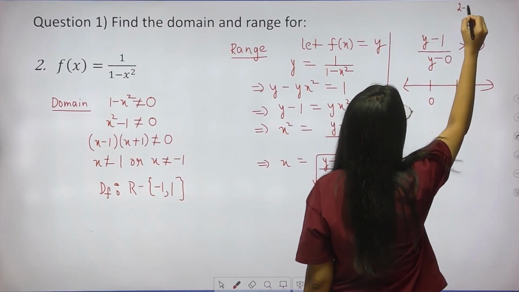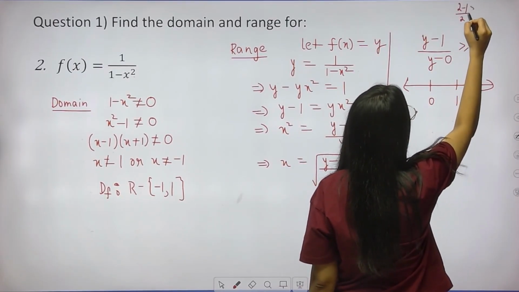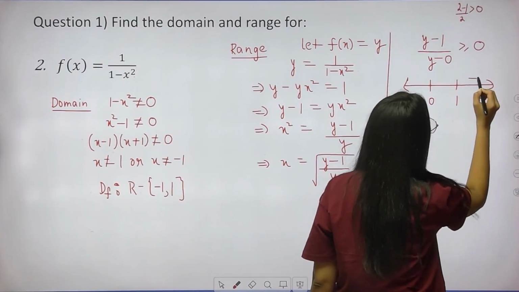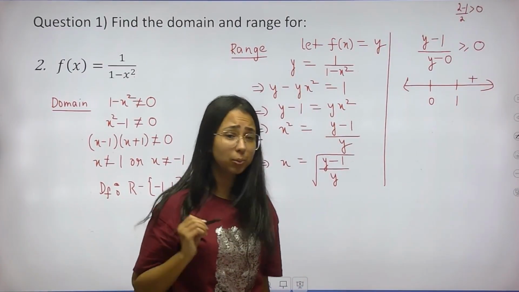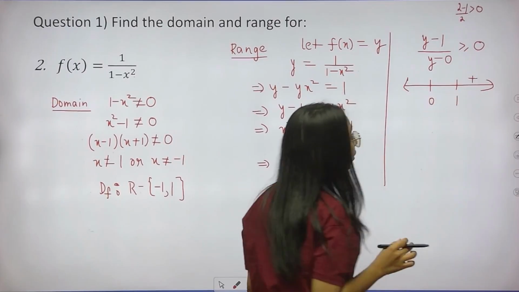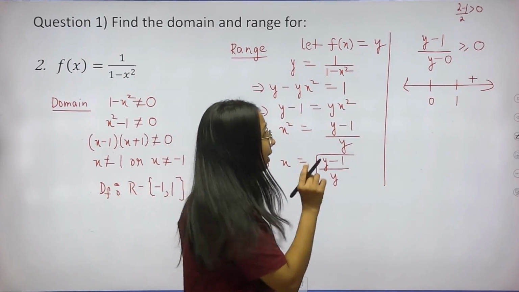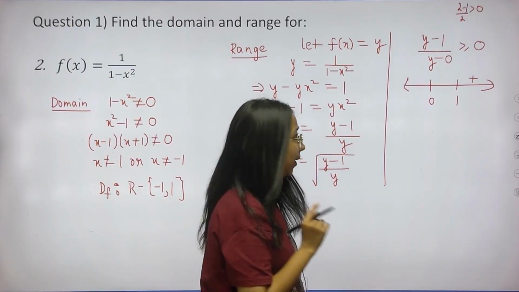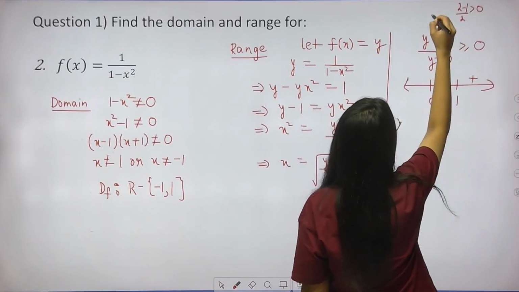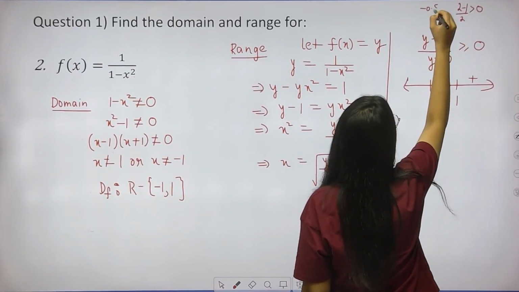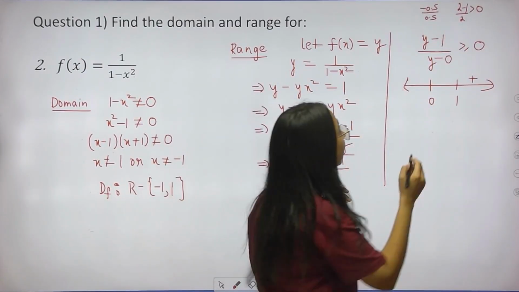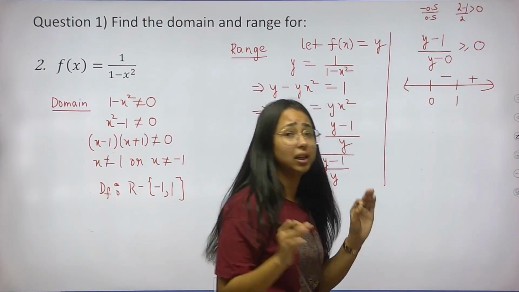So 2 minus 1 over 2 is greater than 0, which means any value greater than 1 will give us a positive output. Let's take a value between 0 and 1. Let's take 0.5. Okay. So let's put 0.5 in place of y. So 0.5 minus 1 becomes minus 0.5 over 0.5. So any value between 0 to 1 will give us a negative output.